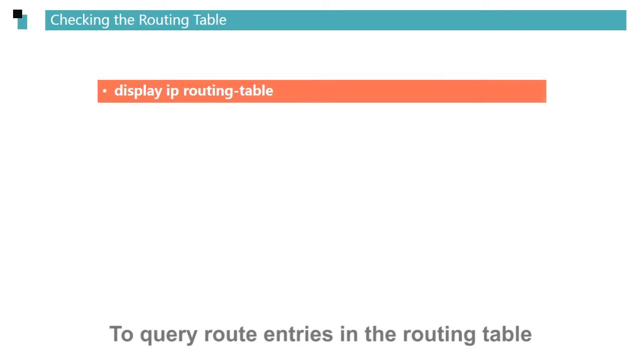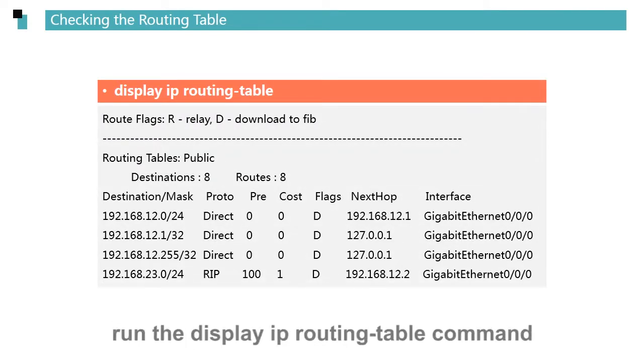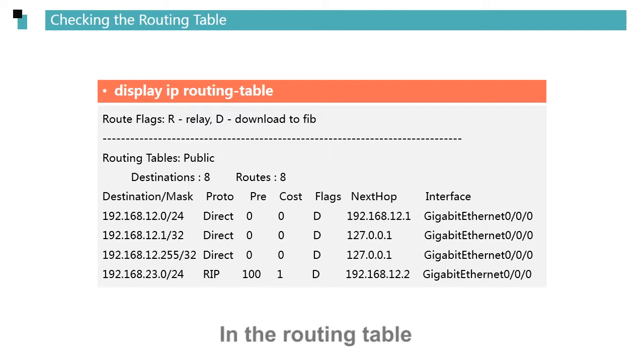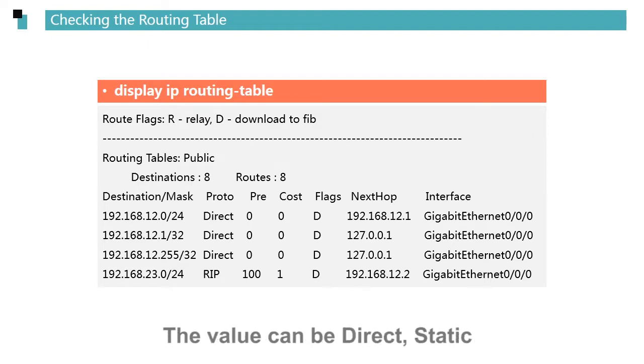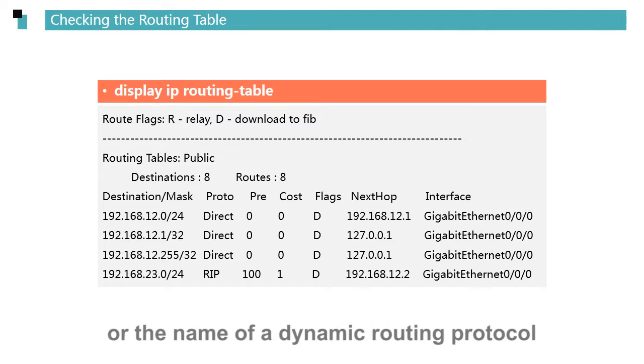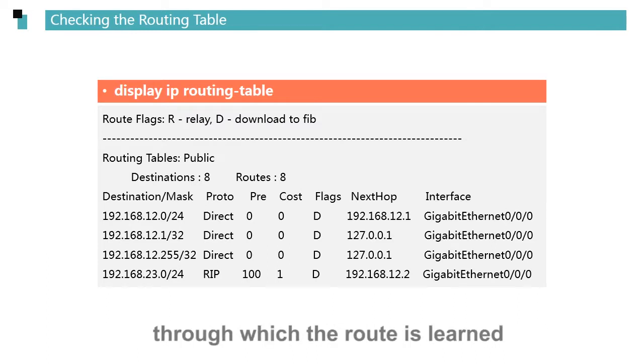To query route entries in the routing table, run the display ip routing-table command. In the routing table, the Proto field indicates the routing protocol of a route. The value can be Direct, Static, or the name of a dynamic routing protocol through which the route is learned.